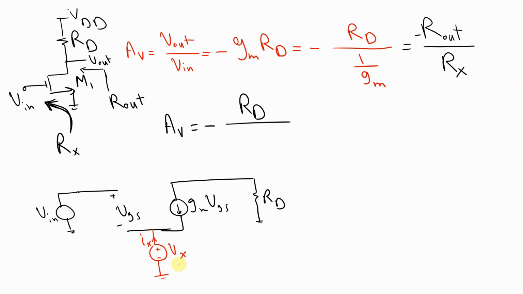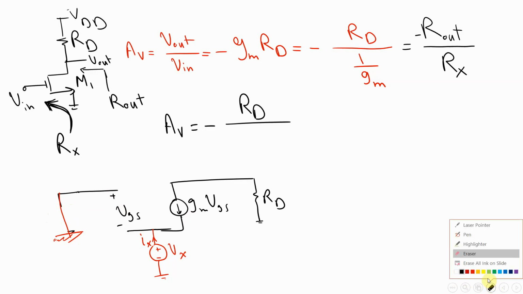In other words, I'm going to calculate Vx divided by Ix in order to calculate Rx in this simple model. But just consider this: the input voltage has to be grounded, so this one is connected to the ground. Be careful with that. This is an important assumption that you have to make.